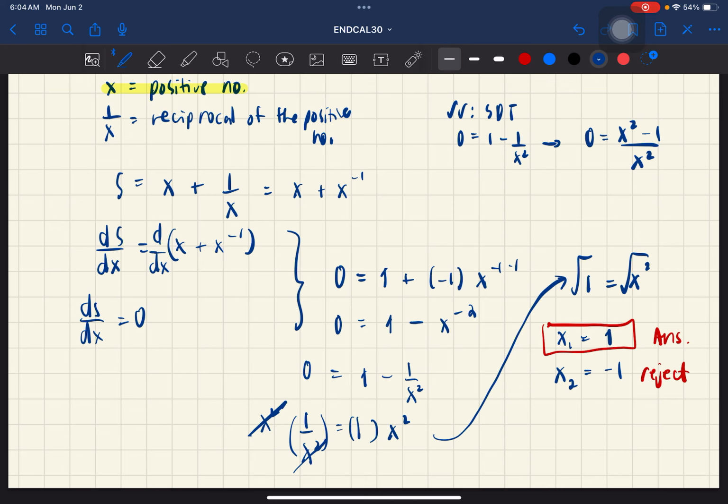We can derive it easily with this equation. This is the original equation. This is the derived equation. You will just derive it again.